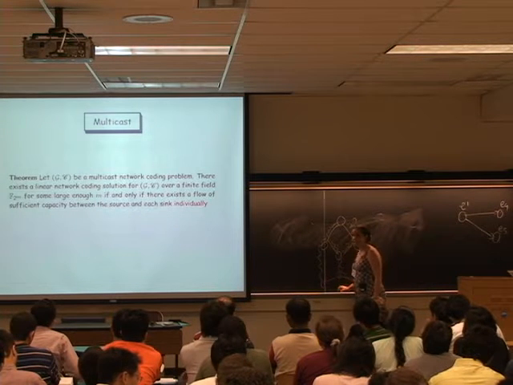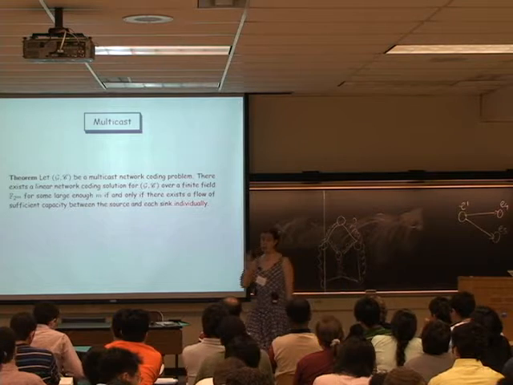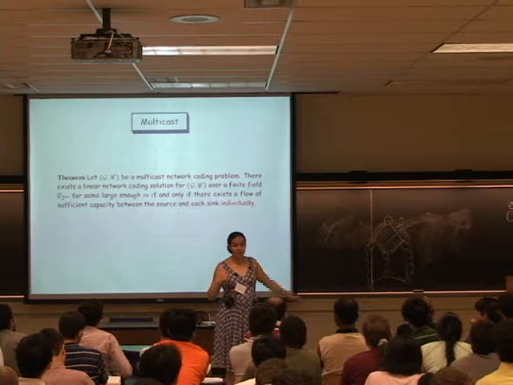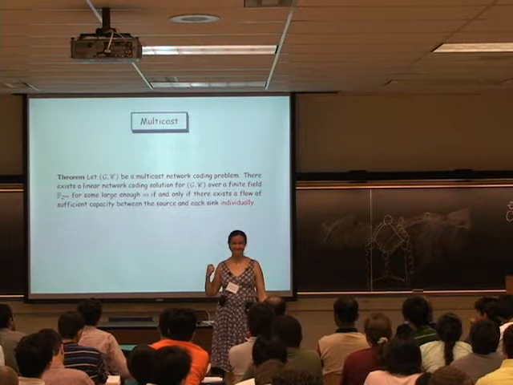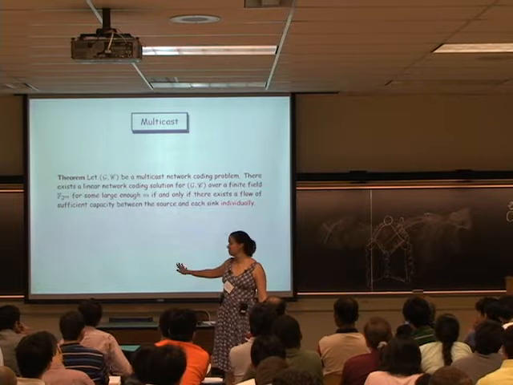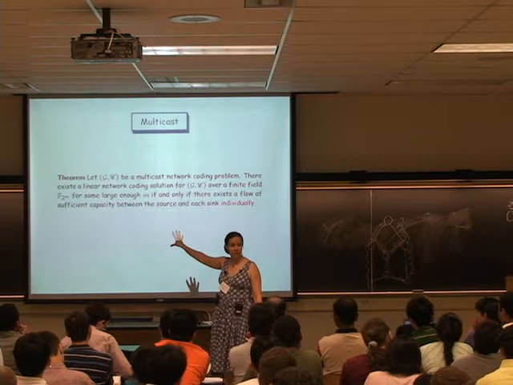So if I'm doing multicasting with no coding, I do a tree. I can't fit 2 trees there. But I can fit 2 bits. But I need to code. Okay? Is everybody happy with this?